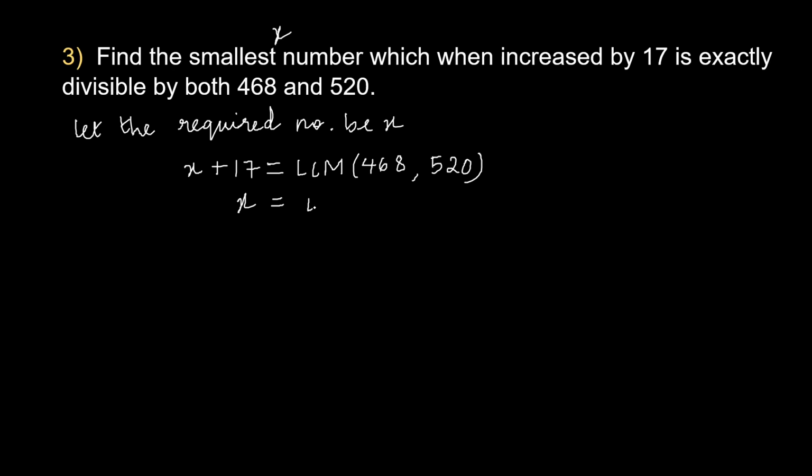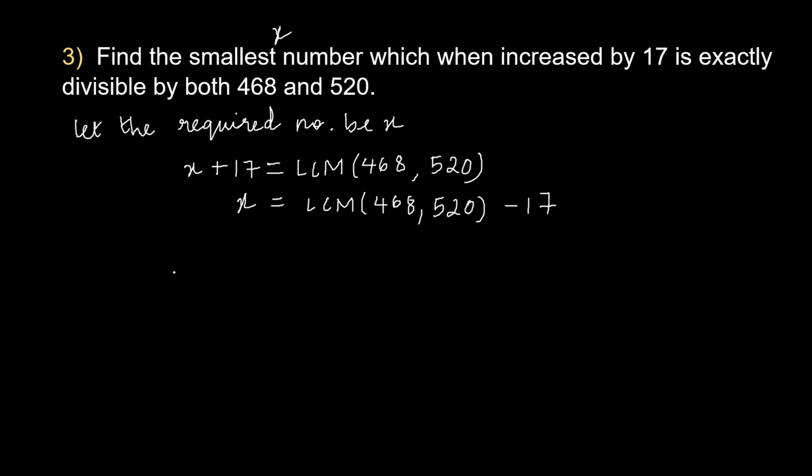That means x is going to be the LCM of 468 and 520 minus 17. So in order to find x, first we'll find the LCM of 468 and 520, and then we'll subtract 17 from the LCM that we have found.